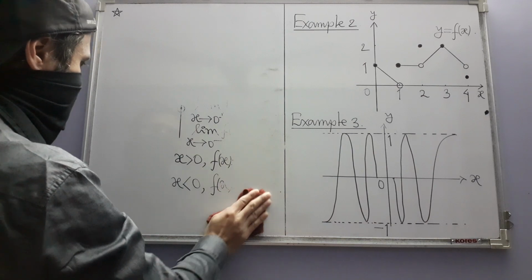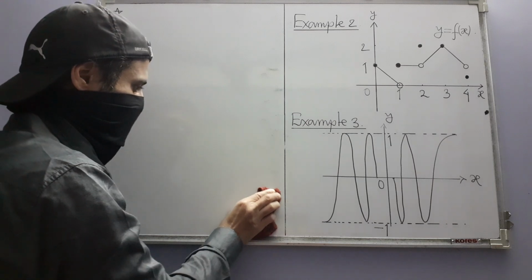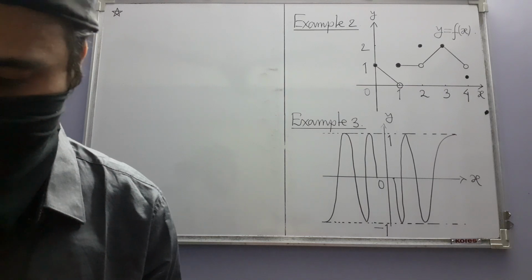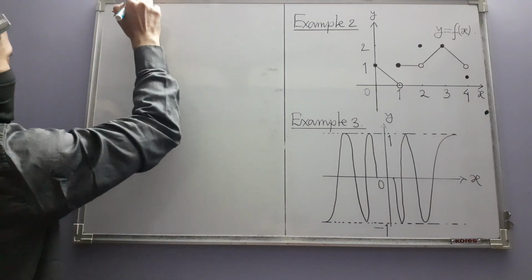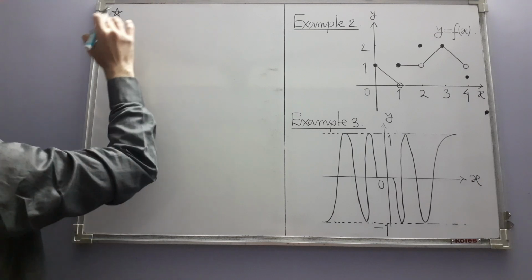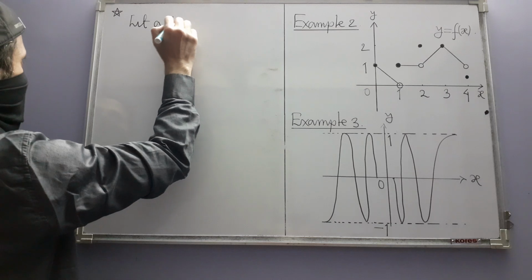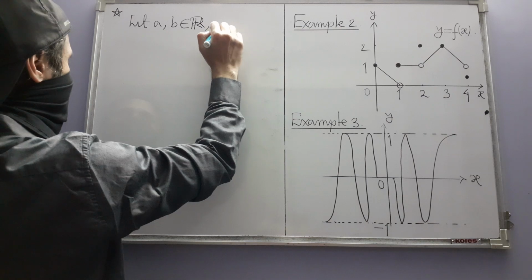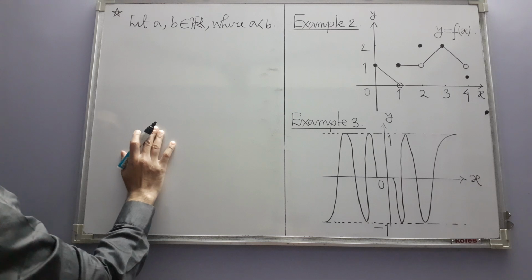So we understand what one-sided limits are, but still let's see how the informal definition looks in words. So this is how the authors have done it. Informal definition, but when formally written, it looks like this. Let a and b be real numbers where a is less than b.